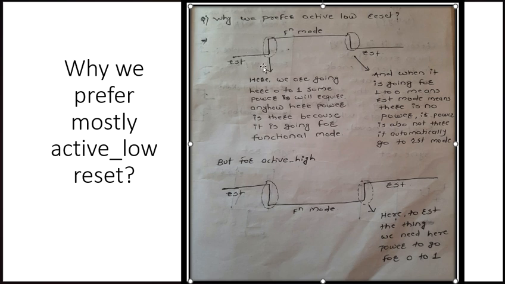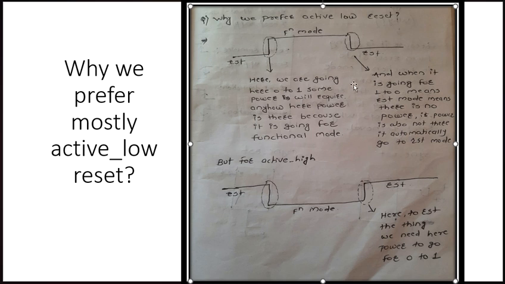But applying the reset does not require any power, because it is already going to reset mode. When it goes from 1 to 0, that is reset mode, and there is no power needed. If power is not there, it automatically goes to reset mode.